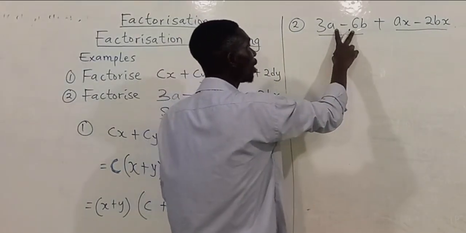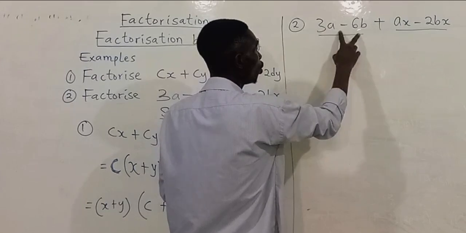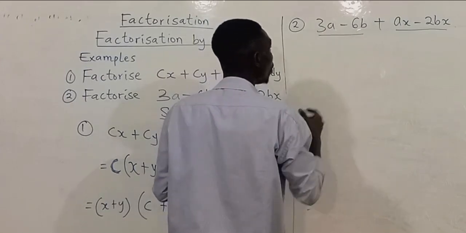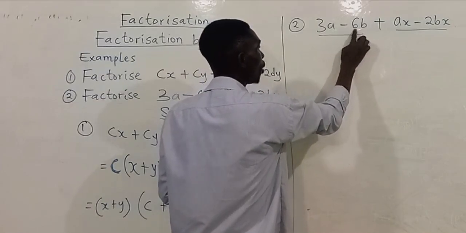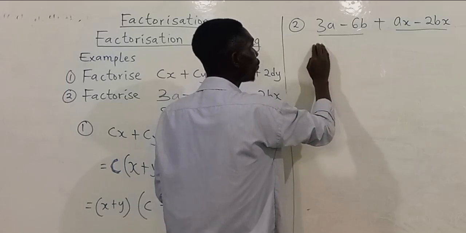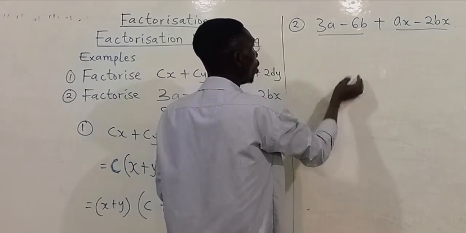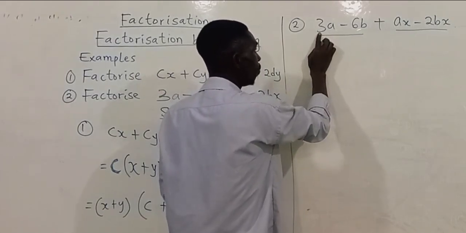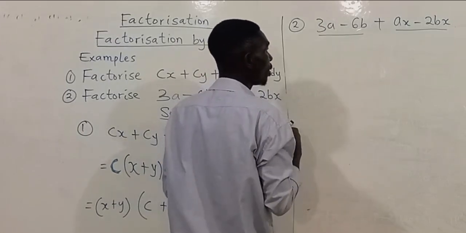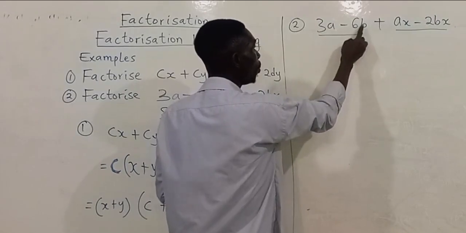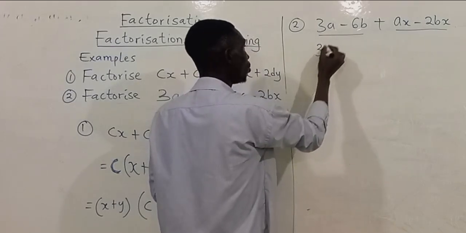So we are going to factorize this binomial term. We look at this: this is 3a and this is minus 6b. What is the highest common factor of 3a and minus 6b? 3 can divide 3, 3 can also divide 6. a and b are not common. So the highest common factor of this is 3.